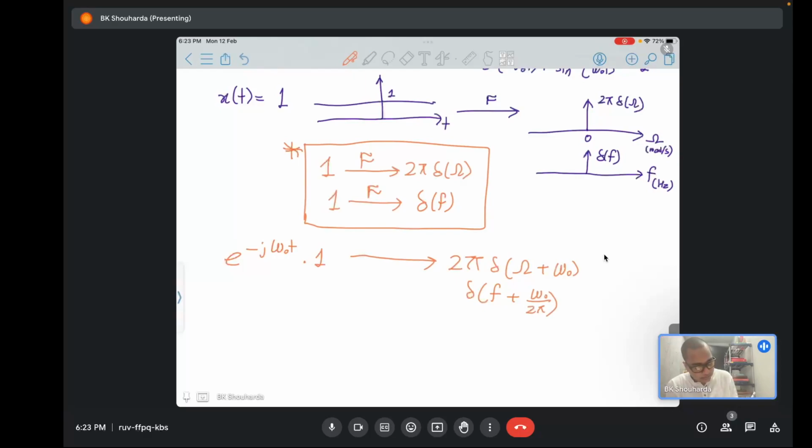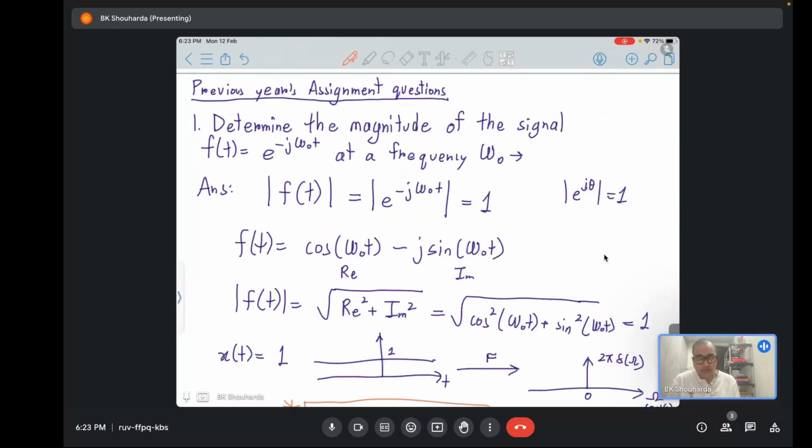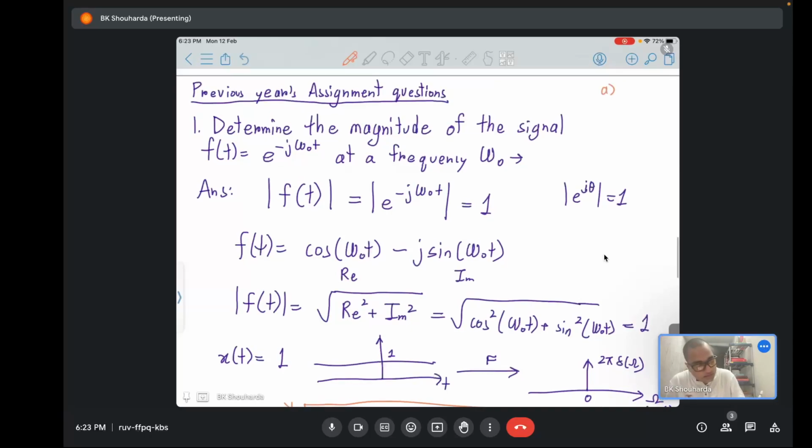If I look at omega, then at minus omega naught we will have a signal of strength 2 pi, and if I look at f, at minus omega naught upon 2 pi we have a single impulse with strength 1. So the correct answer, based on the options given, 1, b 2, c 1 upon omega naught, d omega naught, is option A, that's 1.